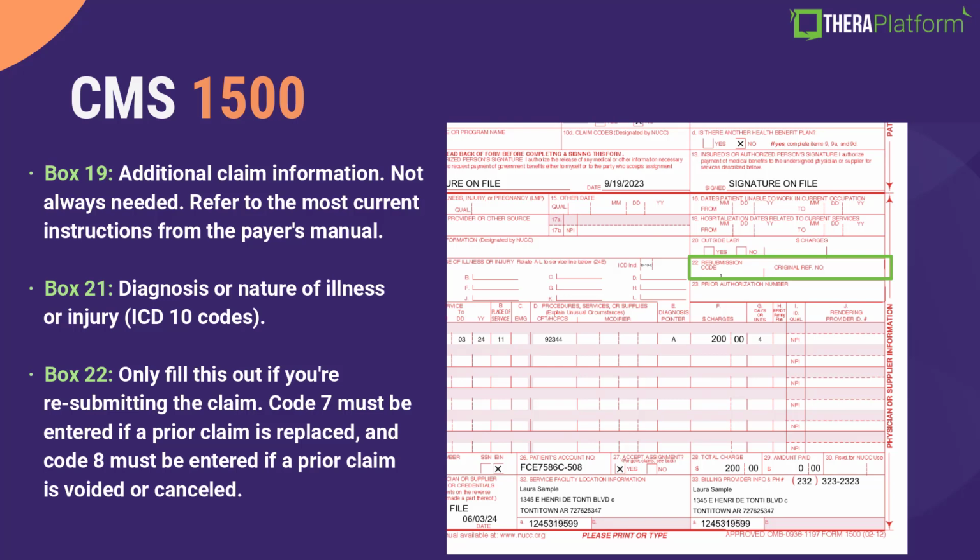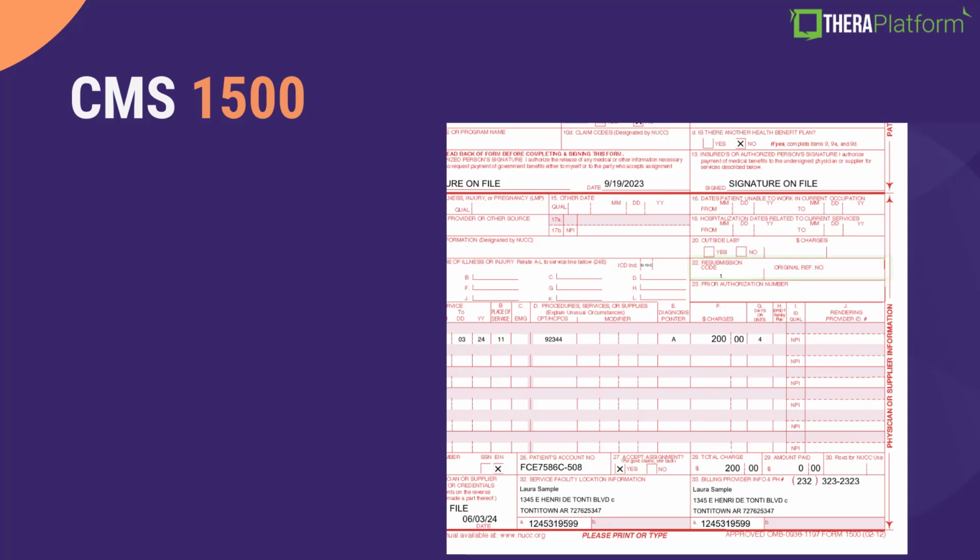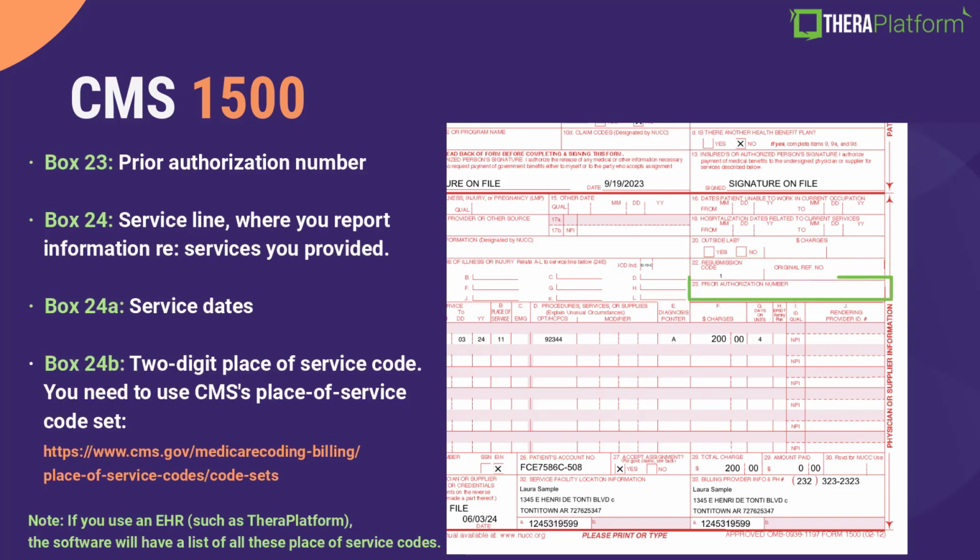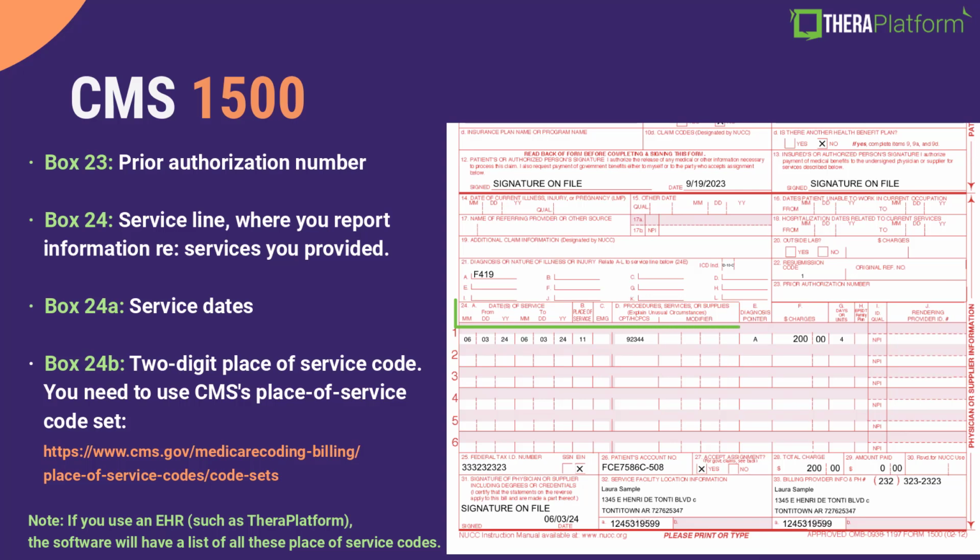So, for example, code 7 must be entered if prior claim is replaced, or code 8 if prior claim is voided or cancelled. Under box 23, you can enter prior authorization number if this is applicable. In box 24, a service line where you basically report information regarding services you provided.